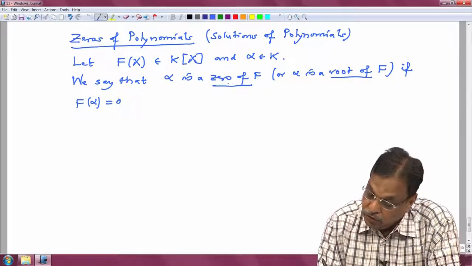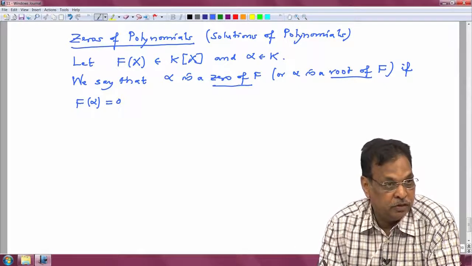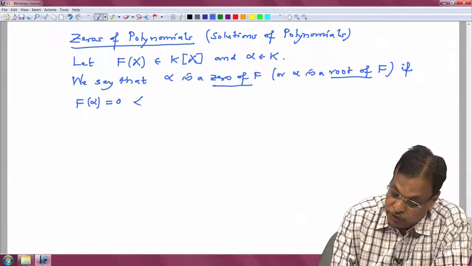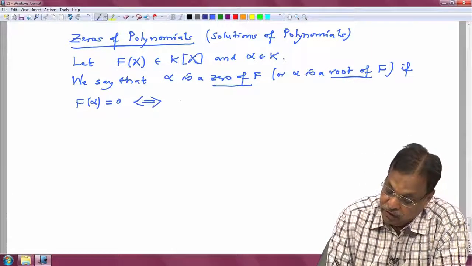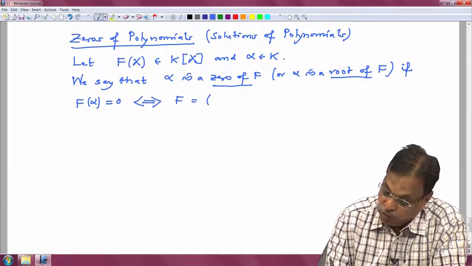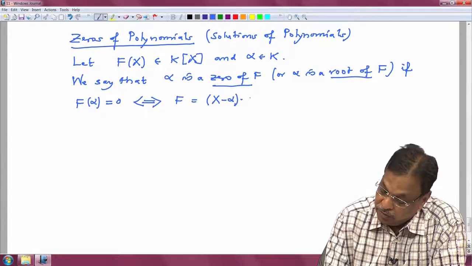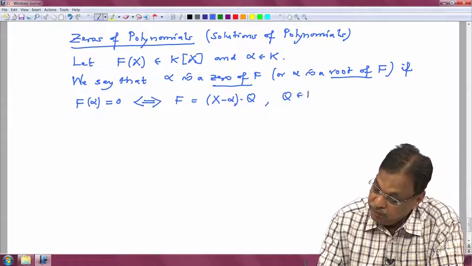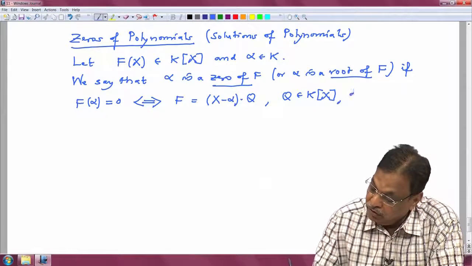I would like to stick to this terminology of zero rather than root. This is equivalent to saying f can be written as a product of the linear factor x minus alpha times some q, where q is some polynomial, and obviously the degree of q will be exactly 1 less than the degree of f.